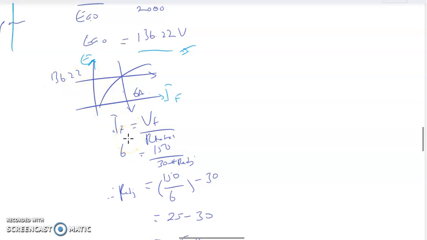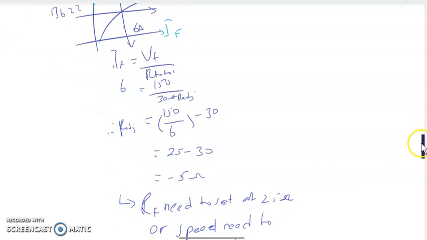So go back to the IF formula: IF equals VF divided by R total. So 6 ampere equals the field voltage 150 divided by the total resistance of 30 plus the adjustable resistance. We try to find out what adjustable resistance we need to set to produce 6 ampere. When we calculate, it seems that we need to reduce further down.